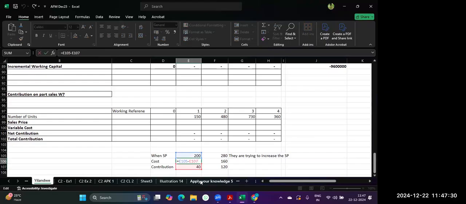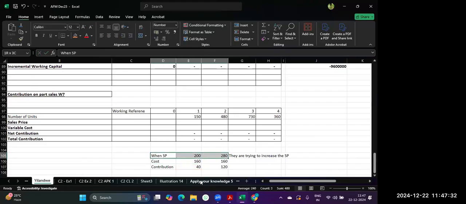Now, if they change the selling price to 280, will their cost change? No, cost will not change, right? But their contribution will increase. Correct?